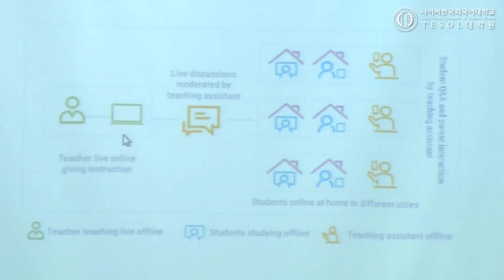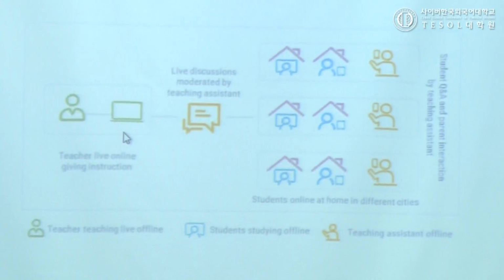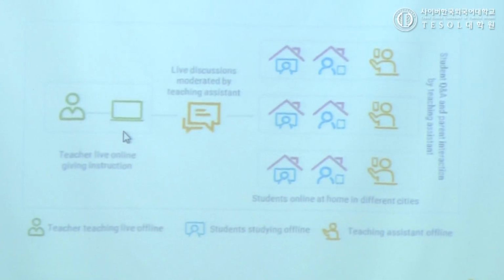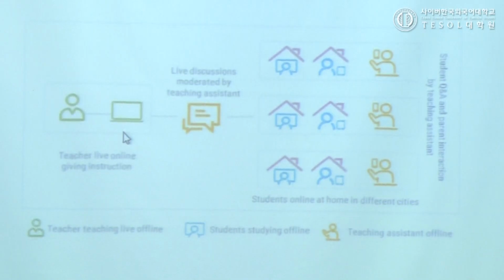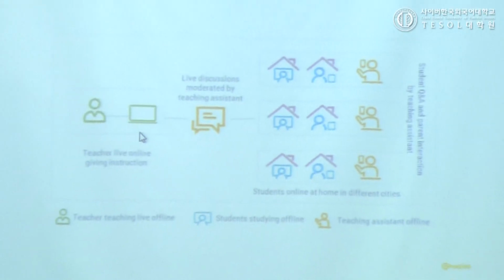So in this model, you still have one teacher who's doing live instruction, but you'll notice that the groups are a little bit smaller, right? Maybe there's two groups. And students are accessing the learning from where? Their home, right? They're accessing this from their own house.